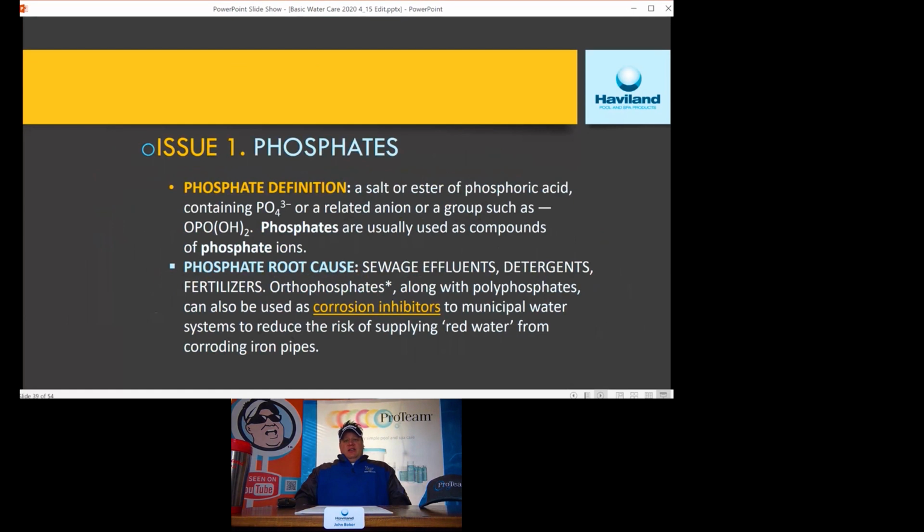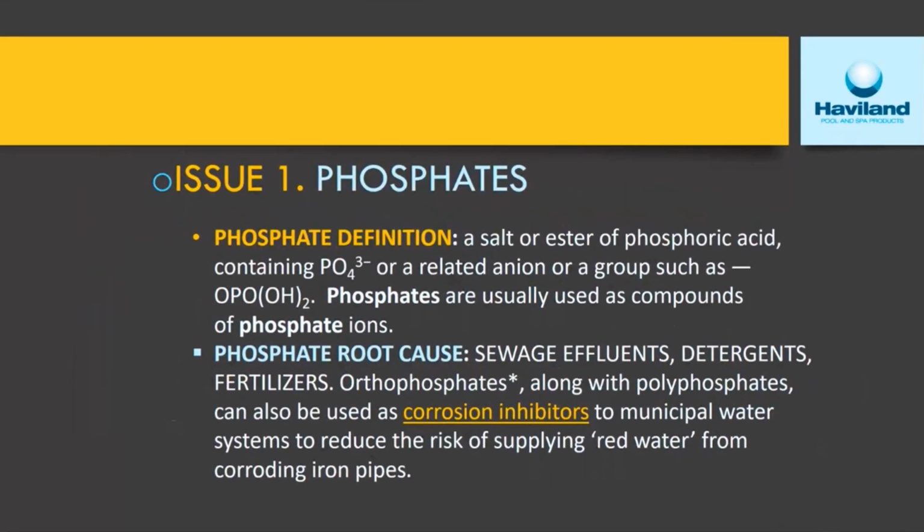Well, what happens if we're doing all that stuff and then somebody wants to play a joke on us, right? There's some stuff called phosphates, and they're floating around in the world, and they're all over the place, and you can't get rid of them. It's in your laundry detergent. When you want your green grass, you're putting phosphates into the lawn. The problem is that they're not real compatible with pool water. They do some bad stuff to it, okay?